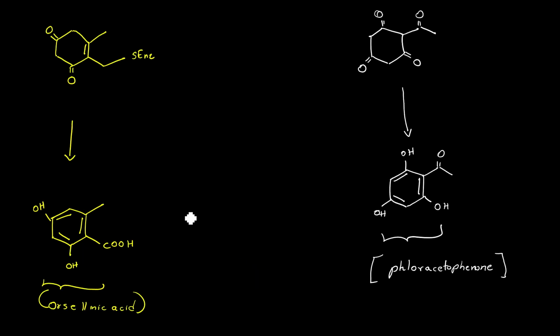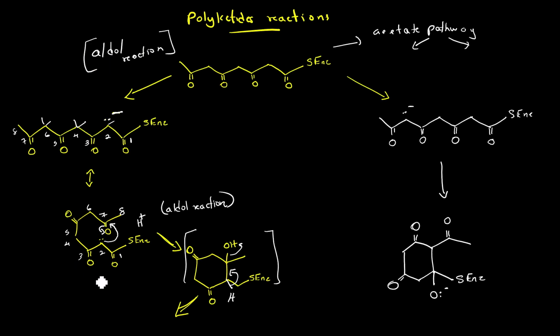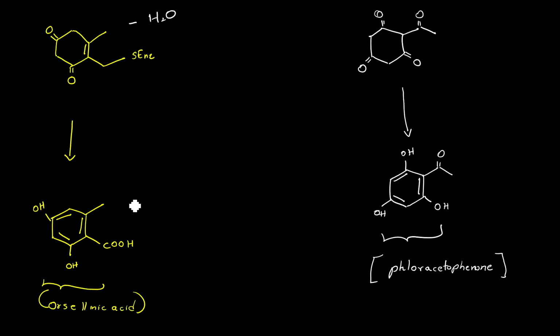So I have drawn that particular structure. Now we have removed a water molecule from the structure to form a double bond, a basic dehydration step. So here you have the dehydration. Now we have formed this particular structure.